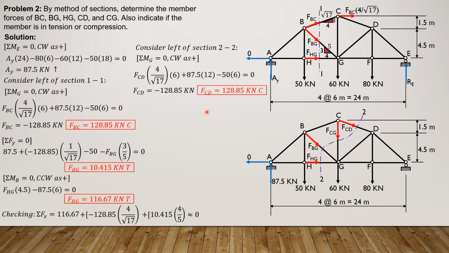So we sum up forces vertical in this case. Summation forces Y equals 0.